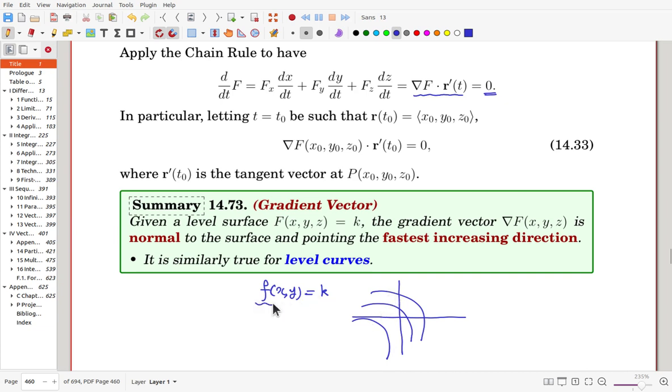Now, if you consider the gradient of f, that is the normal direction to the curve, and that direction is the fastest increasing direction. Exactly the same way, this summary can be applied for level curves.